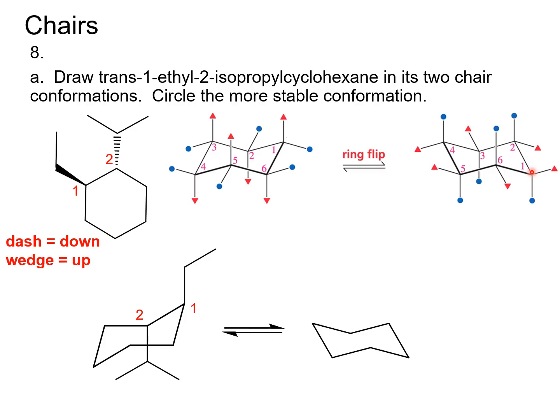So my up axial bond flips to my up equatorial bond. And that's why I think keeping track of your carbons makes it really easy to see that, because if you know where carbon 1 is, there's only one way that equatorial bond can be drawn. It has to be pointing up here.